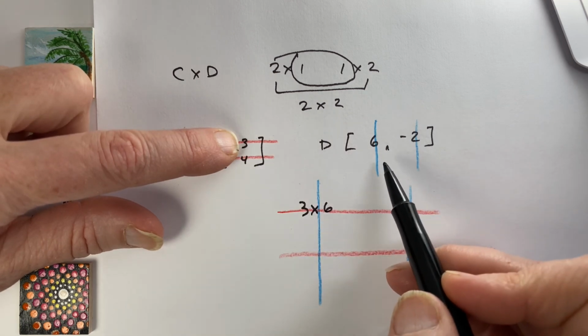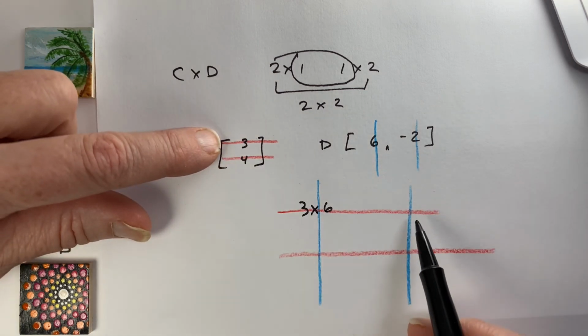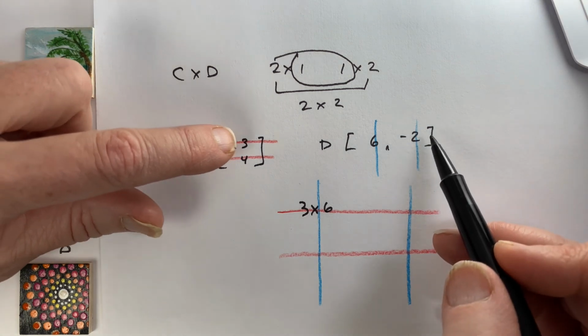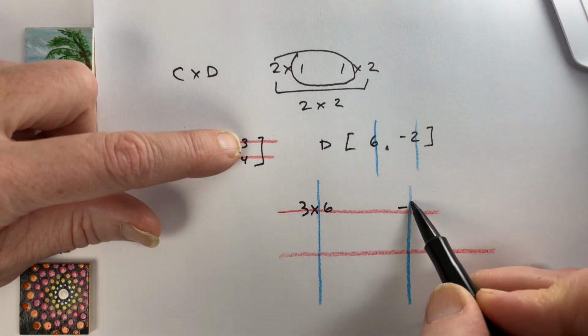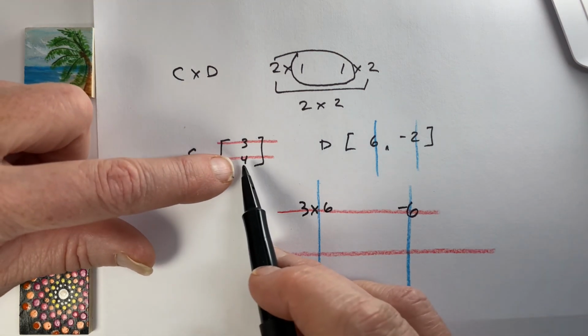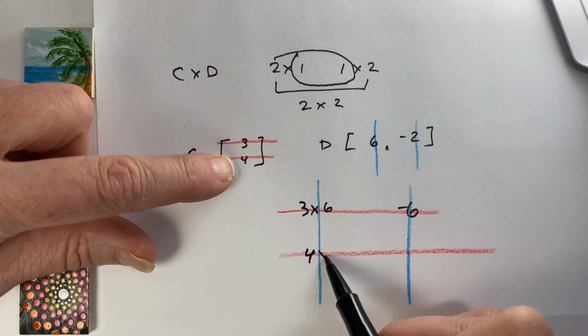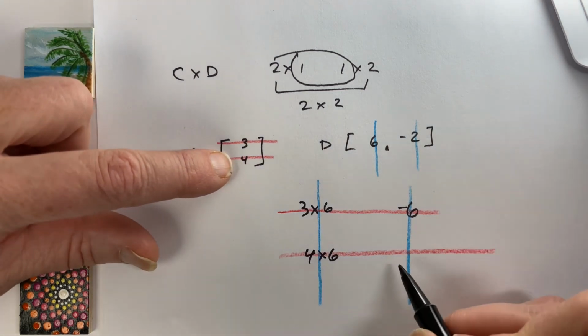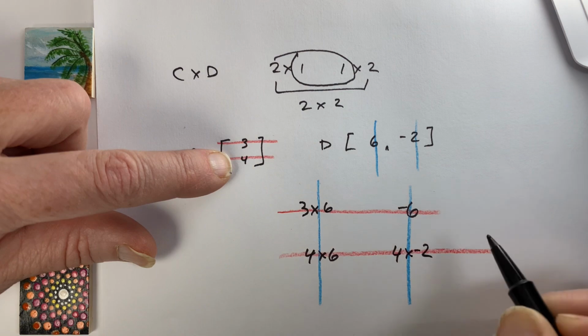But I'm still in the top row because I haven't come over here. So now to the next column. 3 times -2 is -6. Okay, doesn't matter. Now bottom, 4 times 6, still bottom row, but the last column, 4 times -2.